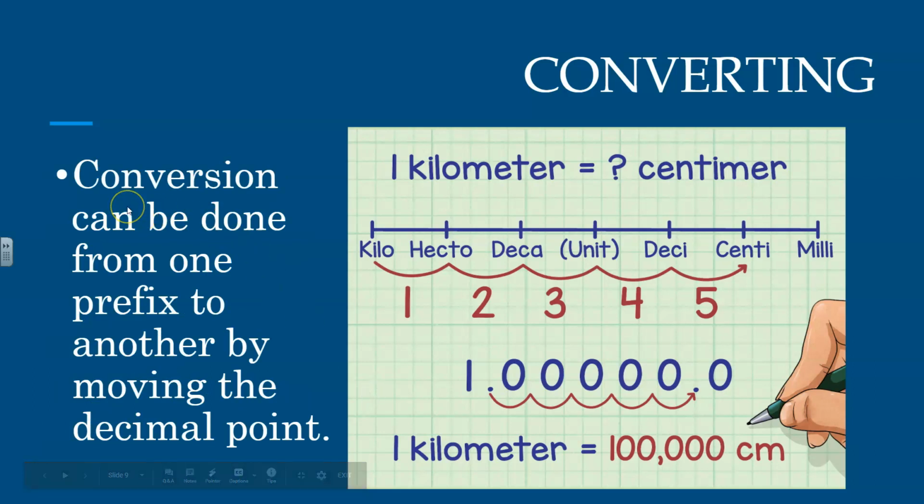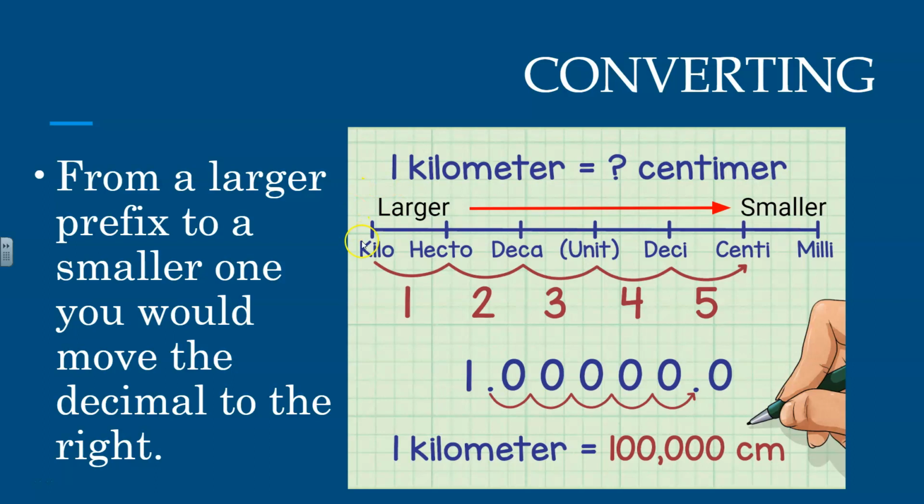So if we're going to convert from one prefix to another, the only thing we have to do is simply move the decimal point. So if we're going from a larger prefix, such as kilo, to a smaller prefix, such as centi, okay, we're going to move the decimal place to the right. Okay? And the way that we can determine that is we look at the difference between the two.